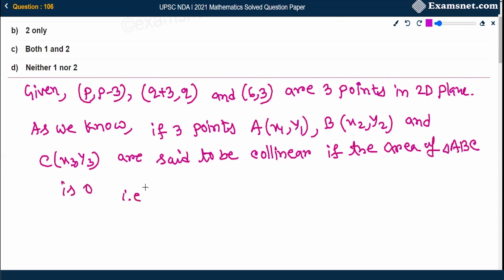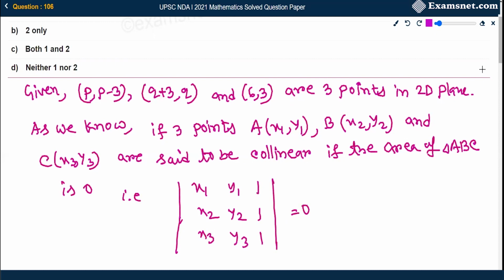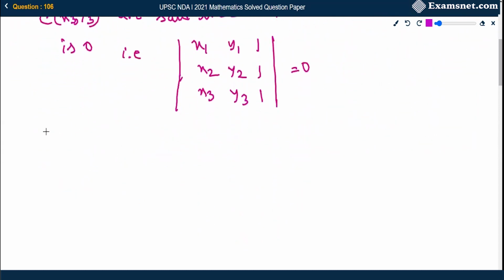That is, if we represent it by the determinant, we get the rows x1 y1 1, x2 y2 1, and x3 y3 1 equals 0. Correct? Now let's put all the values here.